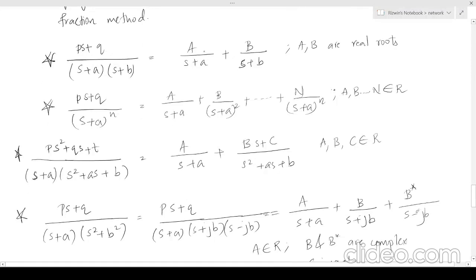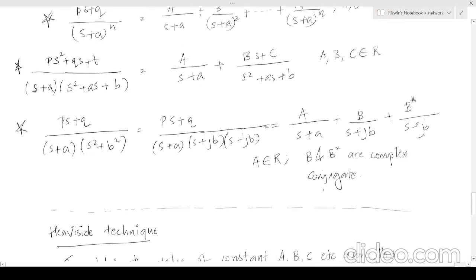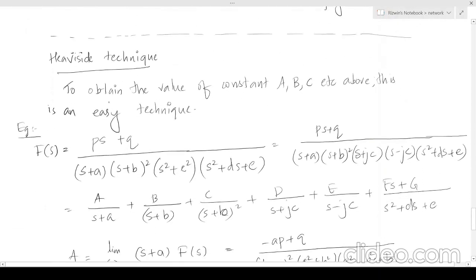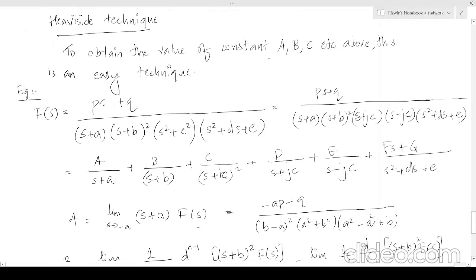We already told that there are real numbers a, b, etc., up to n. Depending upon the forms, we split it into partial fraction forms. So there are a number of fractions available. Now the Heaviside method is used to find the value of these constants a, b, c, etc.